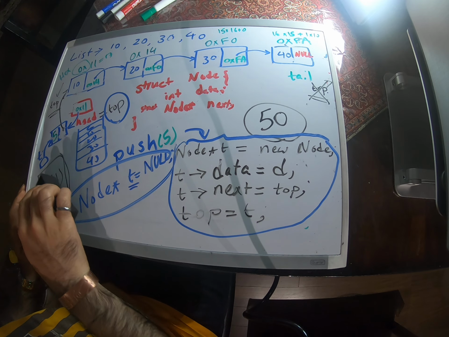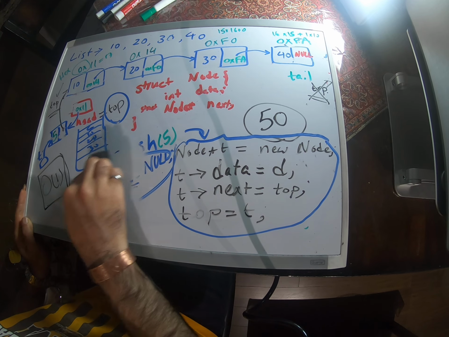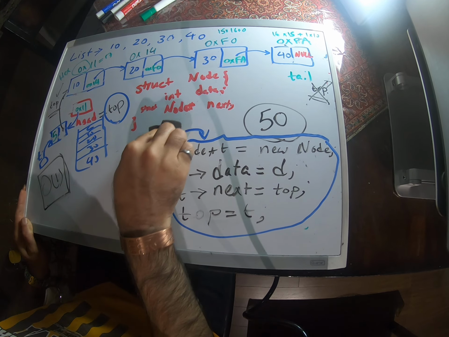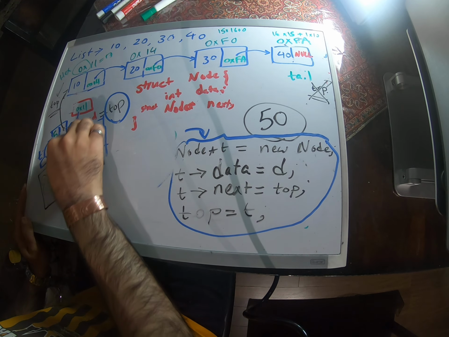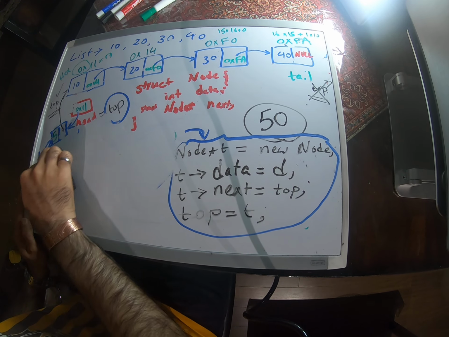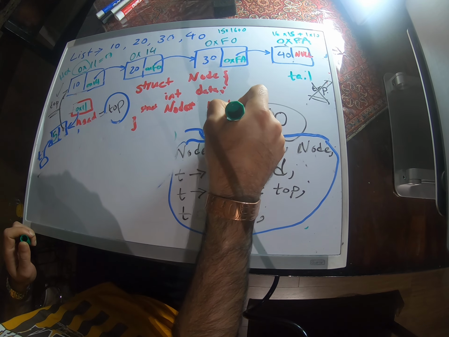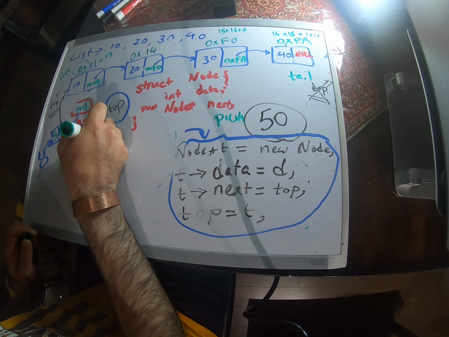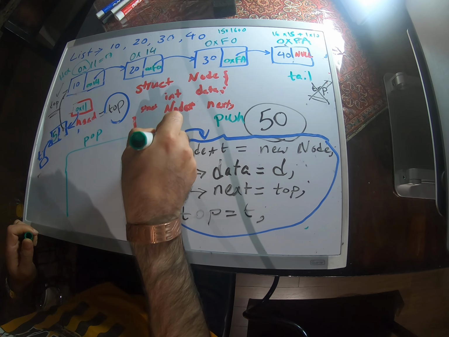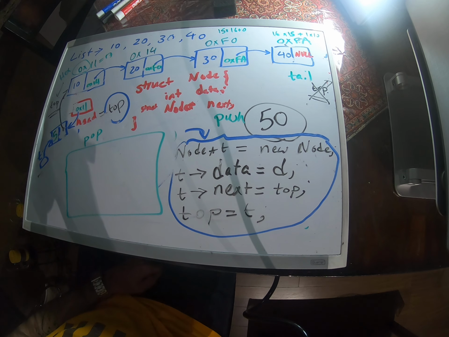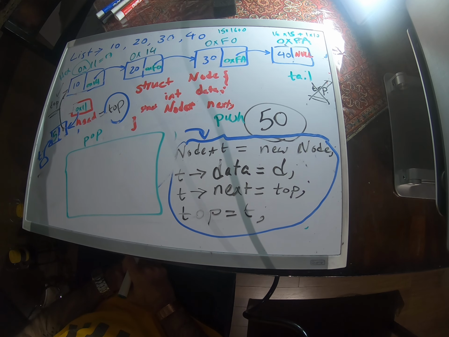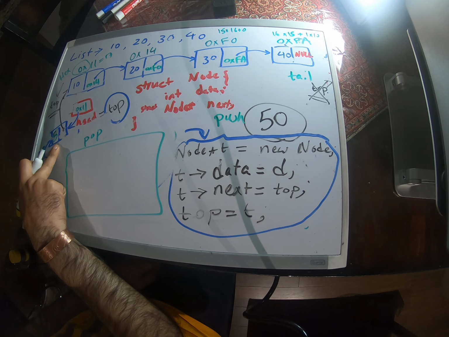How can we implement the pop operation? So this is how we do the push. How can we do the pop of the linked list? What we basically want to do is remove the head of the linked list, or the top of the stack.